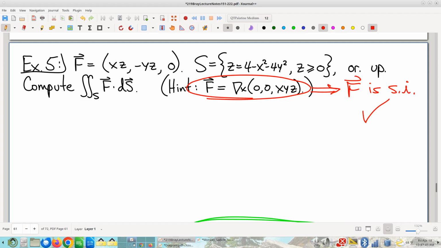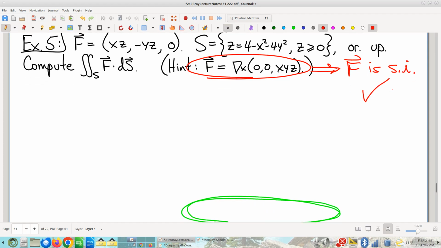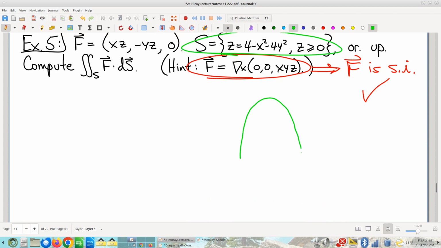Okay, now again, surface independence is a great tool. We've got a lot we can do with it. We do have to think about our surface. Our surface again looks kind of like this. Let me label this as S. The boundary of S is going to be something like this.